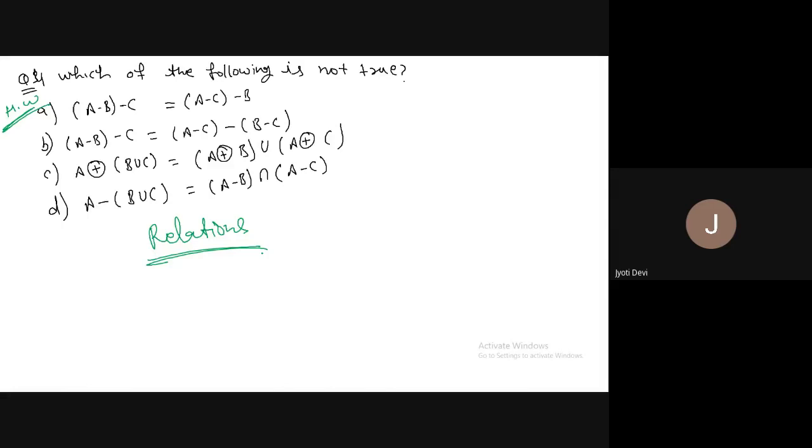Okay. What is the role of Cartesian product in relation? Guys, please reply. Whatever you know, please don't bother whether your answer is wrong or right.